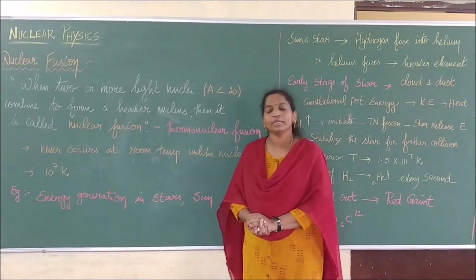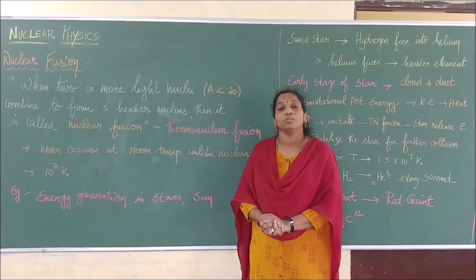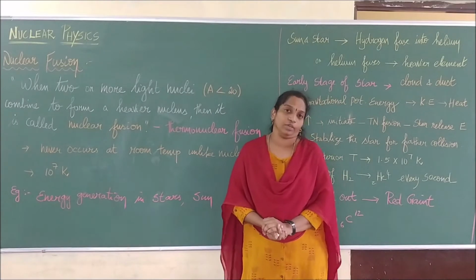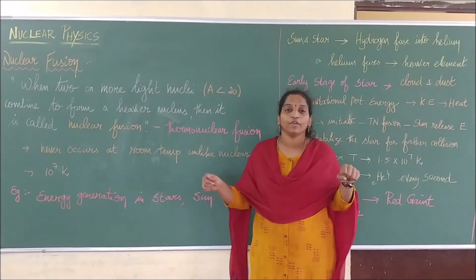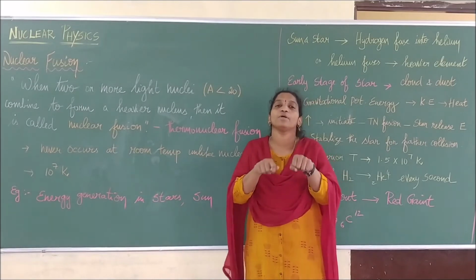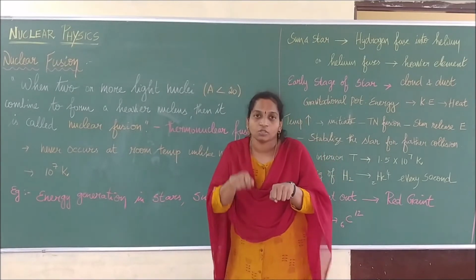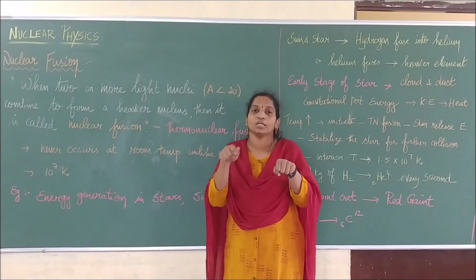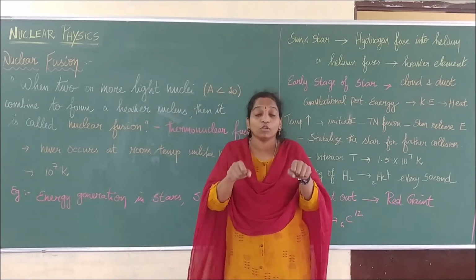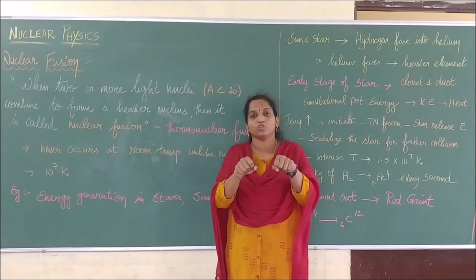So why do they call this a thermonuclear reaction? Because to fuse two nuclei is very difficult, right? If two nuclei come close to each other, there will be a strong repulsive force. Nuclei have positive charge, so they repel.